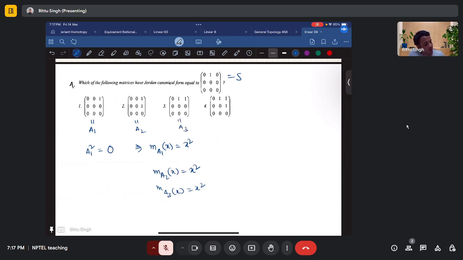We just see that A2 square is 0, A3 square is 0, and those are non-zero. And we also see that the characteristic polynomial for all those Ais is x minus 0 whole cube, that is the same as x cube, right?